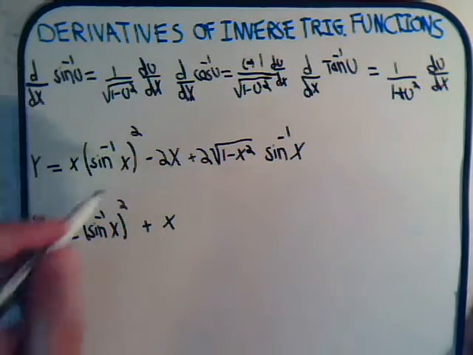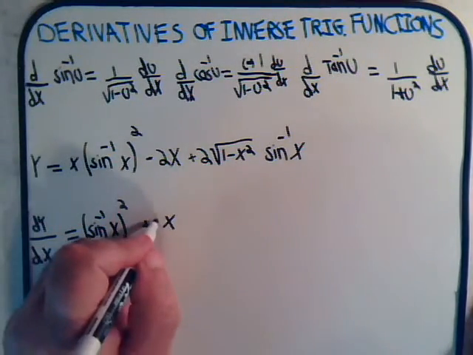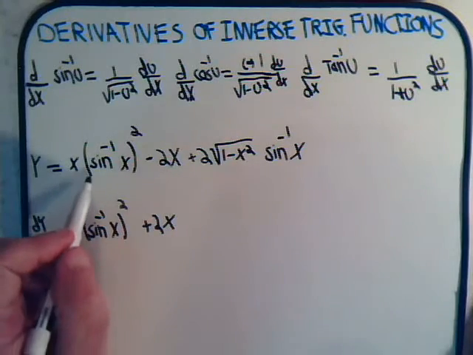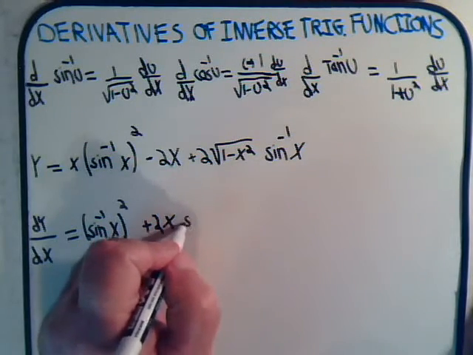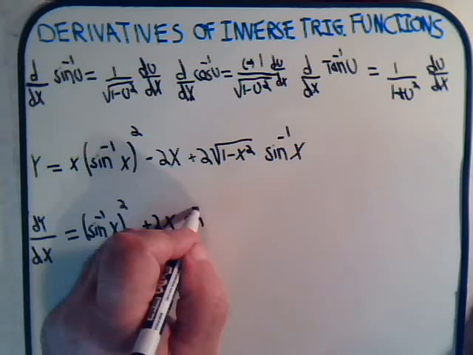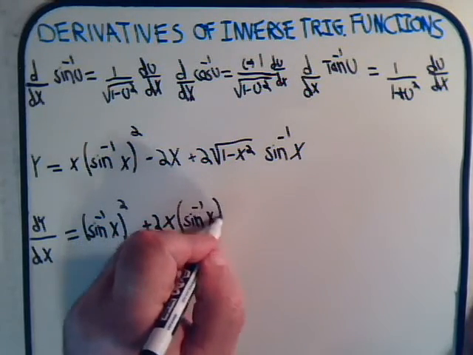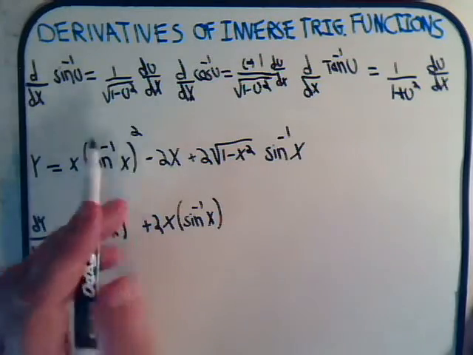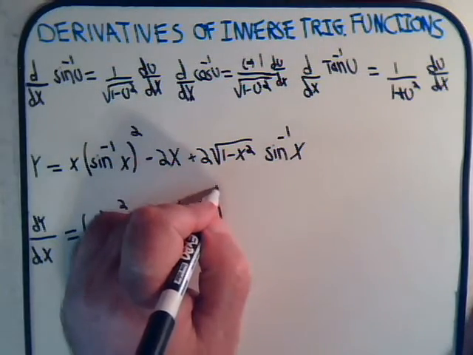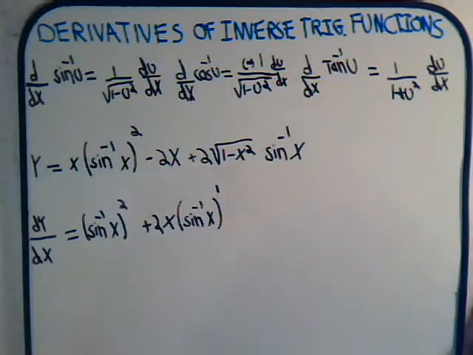And the derivative of this will be 2, take the power down, times the inverse sine of x, and that is now going to be raised to the 2 minus 1, or just to the 1 exponent.